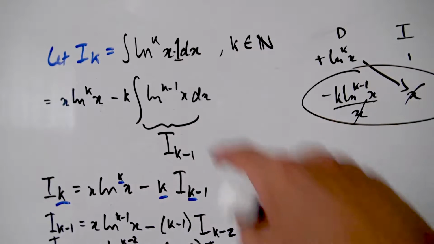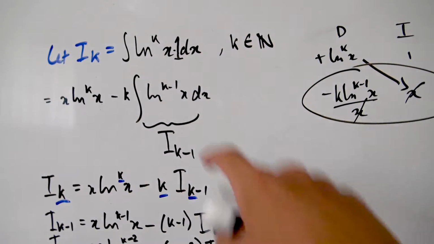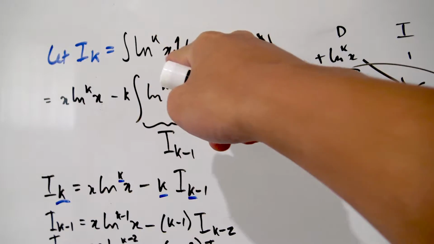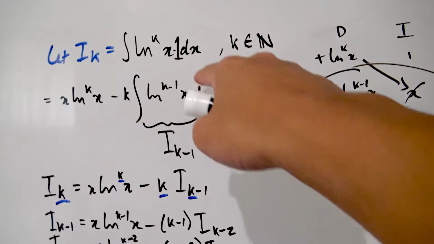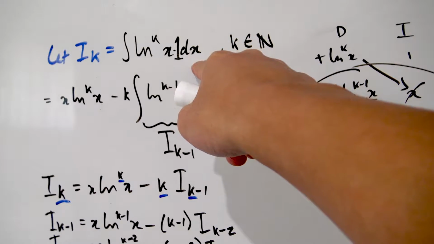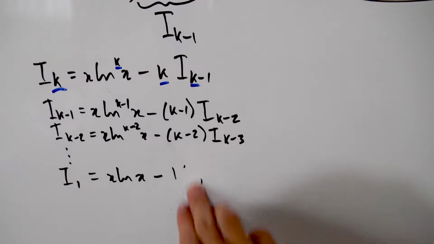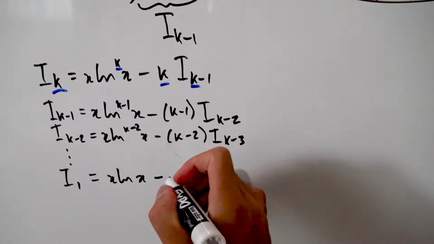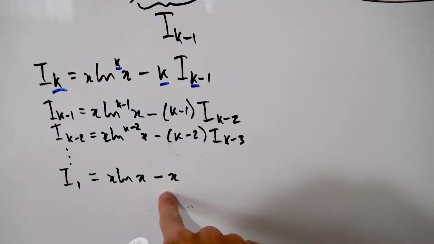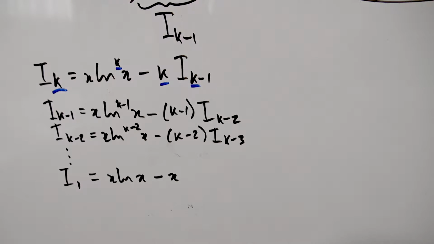But notice if you plug 0 into this k here, we're going to have natural log to the 0th power, which is just 1, and you're integrating a 1, so that's just going to leave you with an x. So this I sub 0 here just turns into an x. This will be the final line of our recursive formula here.